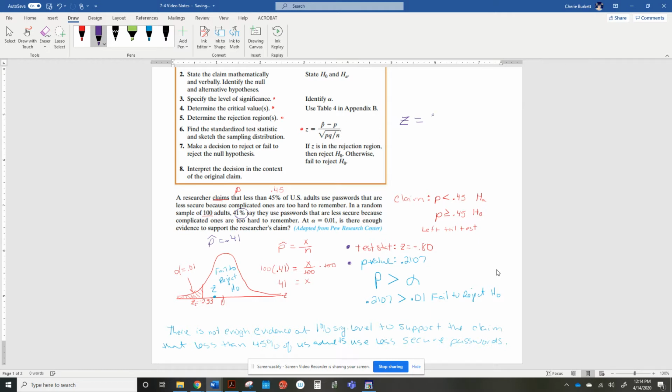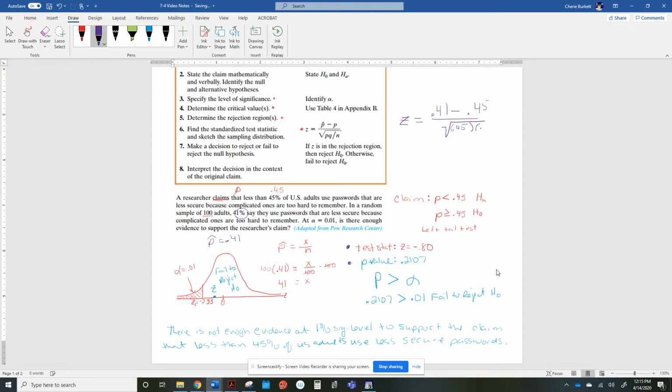So you do 0.41 minus your P, that's going to be in your claim. That's 0.45. And you divide that by the square root of, you do 0.45 because they want the P, okay? That's what's in your claim, times, now if P is 0.45, then Q is 1 minus 0.45.